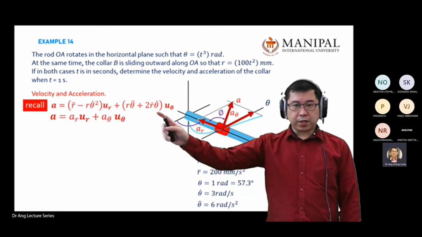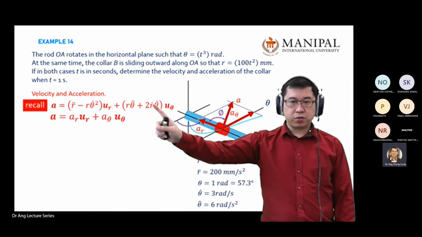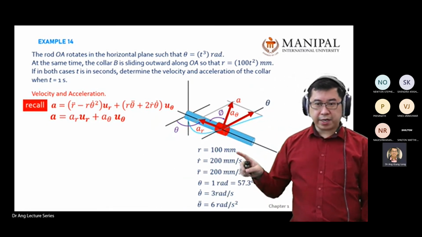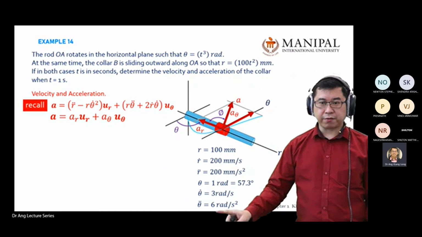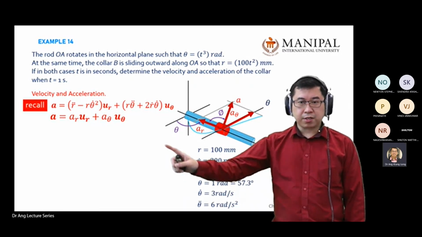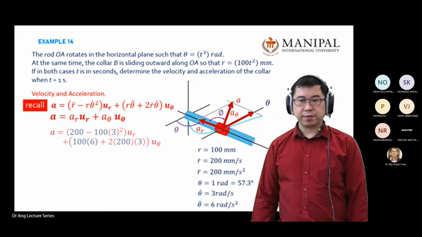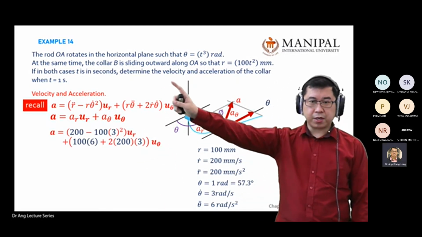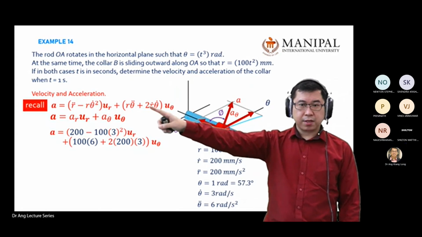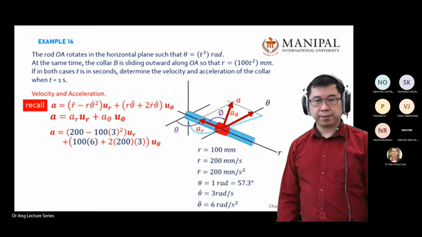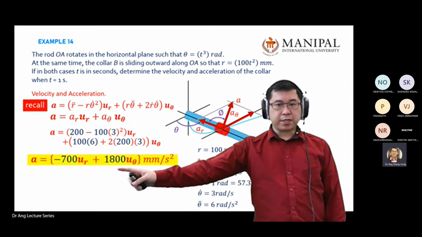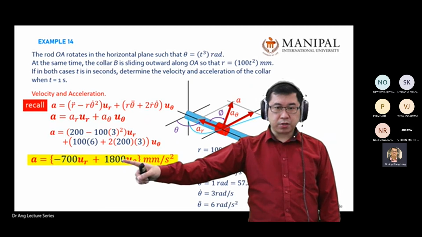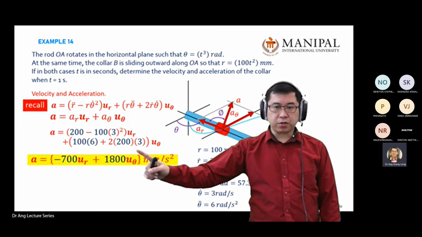So again, recall the equation for acceleration. We have these two, and I've shown you since the beginning. You already did the derivation of the R and theta, so just substitute inside there. Substitute all the values of your R double dot, theta dot, and so on. You rearrange, and you get this equation: A equals minus 700 UR plus 1800 U theta.